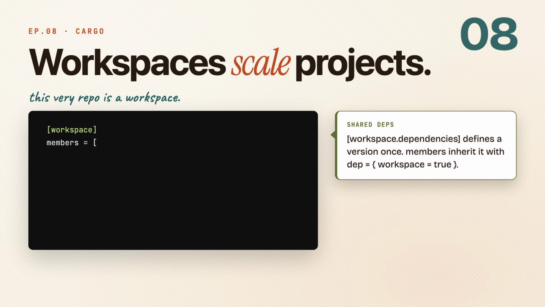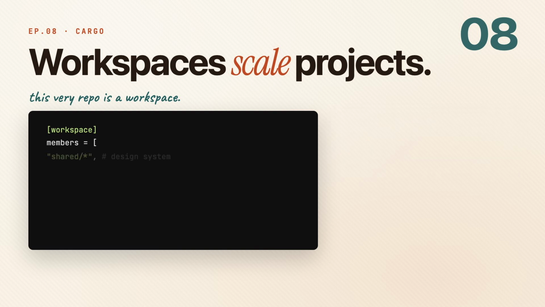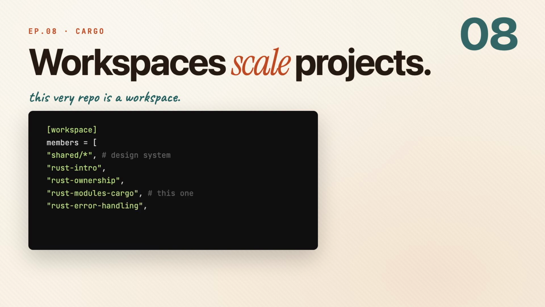Members inherit them without repeating the version. This video series itself is more like a workspace that I've done to create all of them. All 12 episodes are like members, and they share all the parent system as a local crate. It's just giving an example.